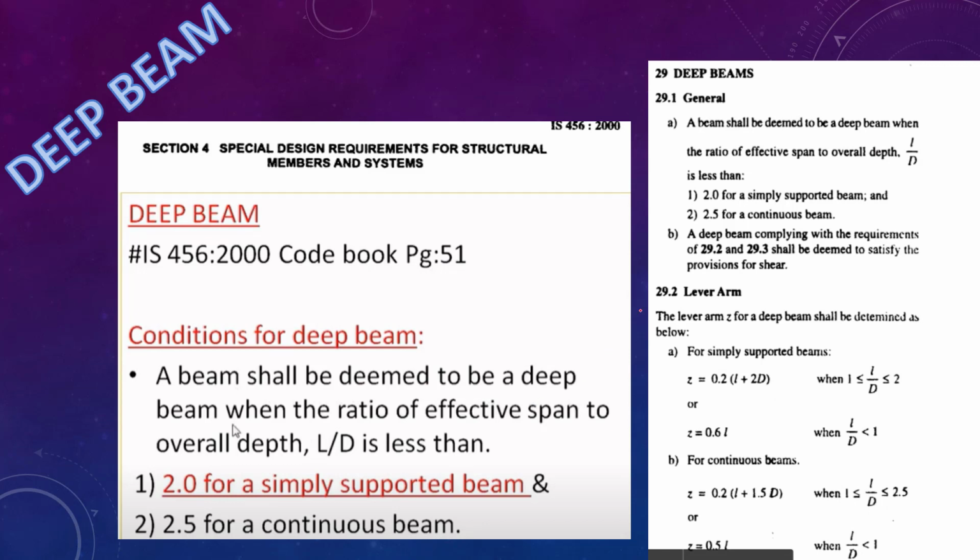So how to classify the deep beam and how to define the deep beam. On the right hand side I have placed the code provisions. I'll directly go to the code.